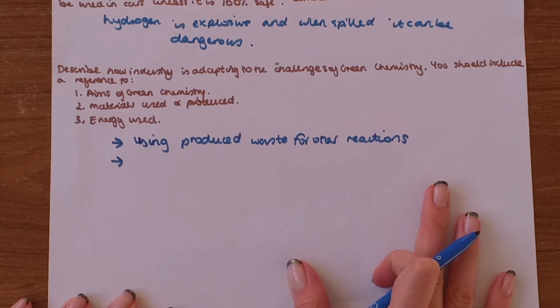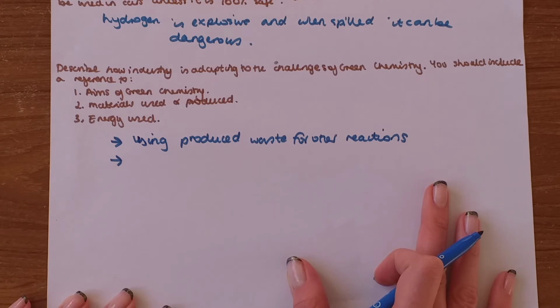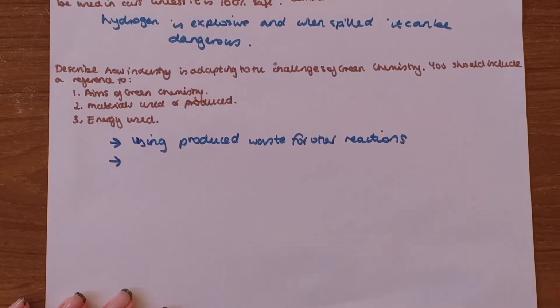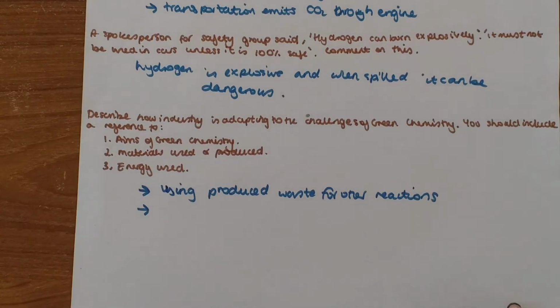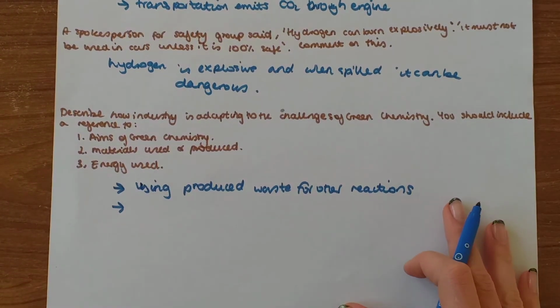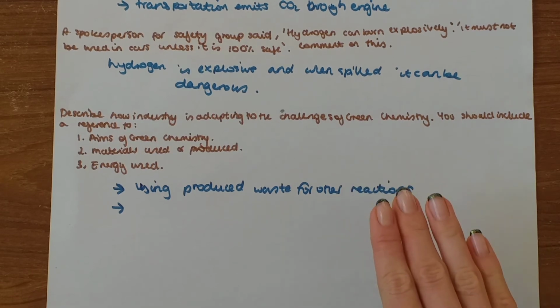The other thing that they're trying to do is to increase the atom economy of the reactions. What this basically means is they're trying to produce just what is needed. So they're not doing more than there is to do. They're just doing the least there is.